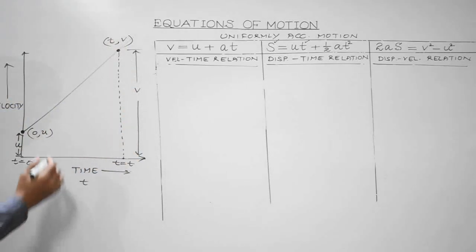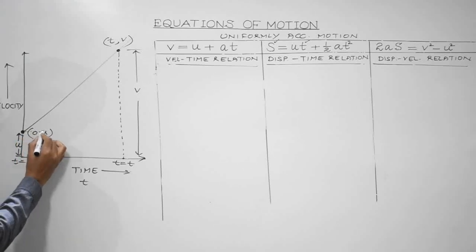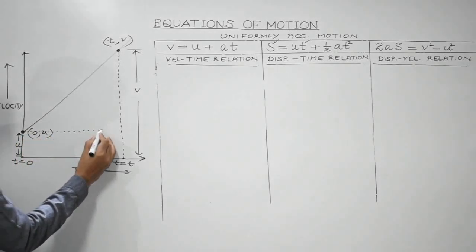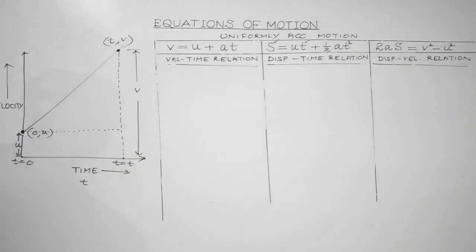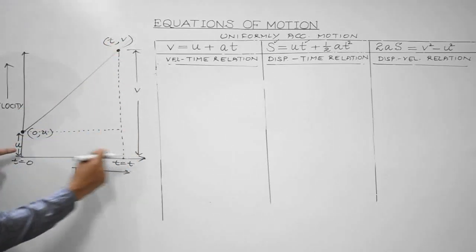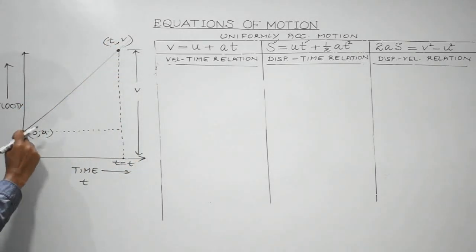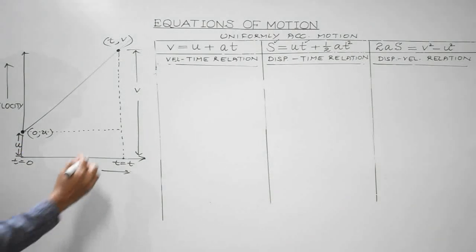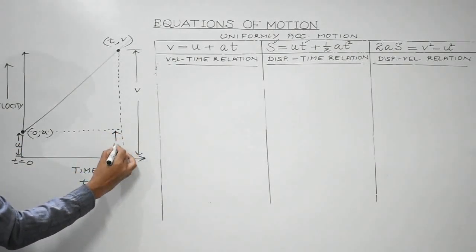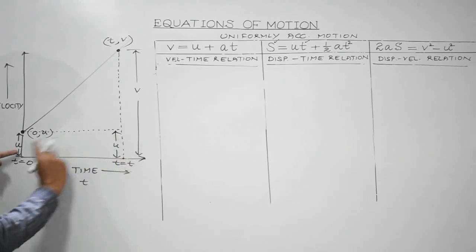Now what you can do is drop a line like this, parallel to the horizontal axis. So the entire figure can be divided into two parts. This is a triangle and this one is a rectangle. So this is u. It's a rectangle, opposite sides are equal.